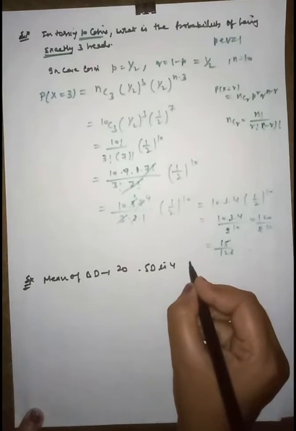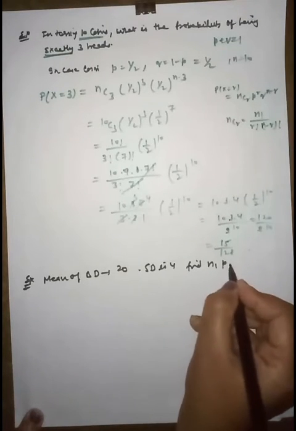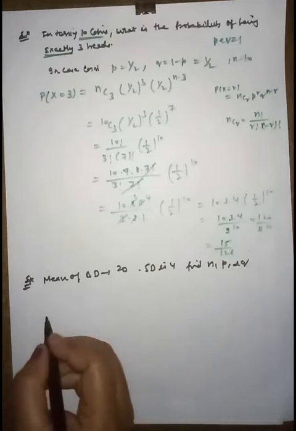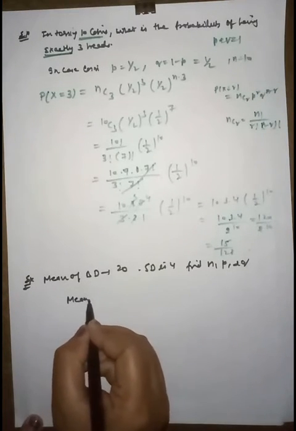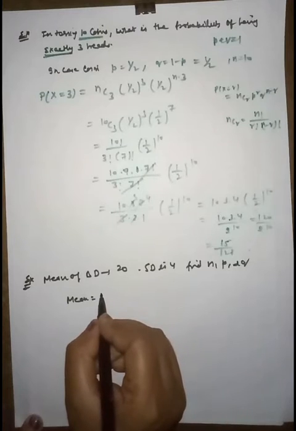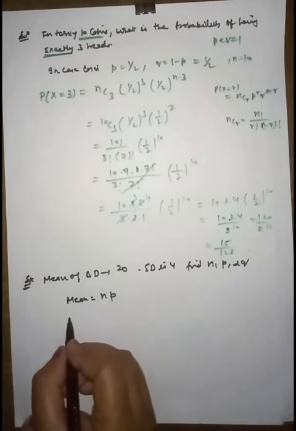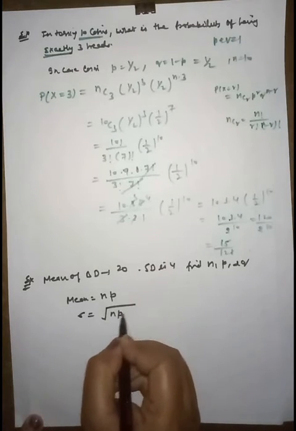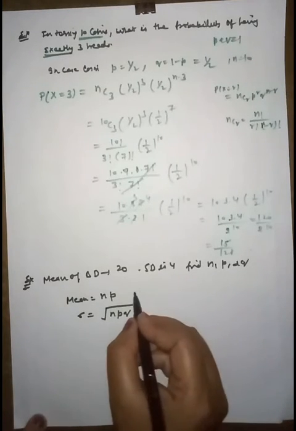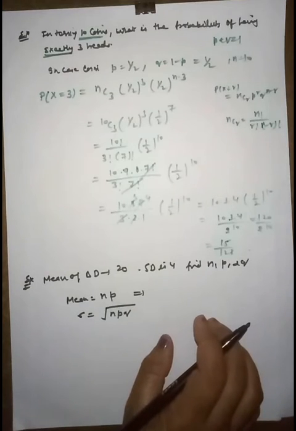Now find n, p and q. So you know the mean formula is np and the standard deviation formula is root of npq, right?